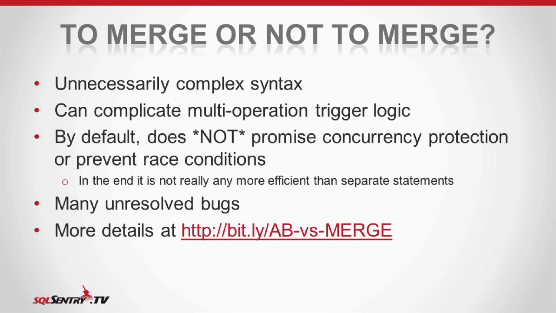Now, on top of that, there are at least a dozen bugs that have been filed against merge where foreign key constraints are not checked, or primary key violations can occur even when it otherwise seems that they couldn't. There are about a dozen, probably more, that are still unresolved as of SQL Server 2012 SP1 CU5.